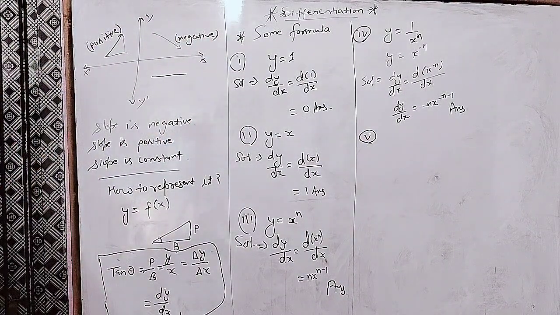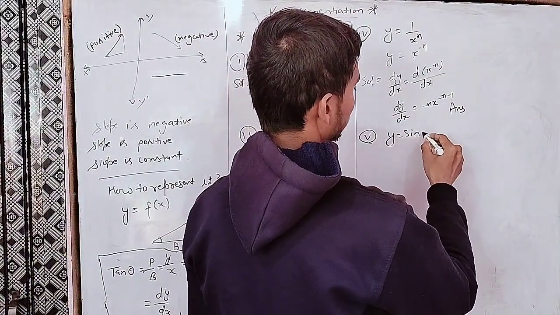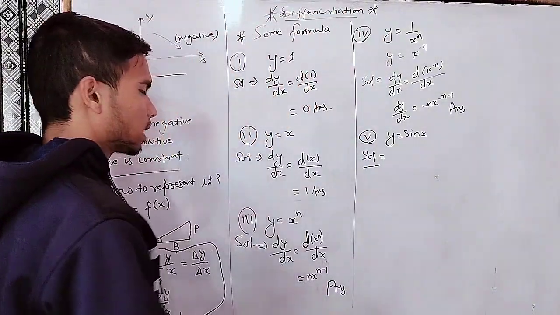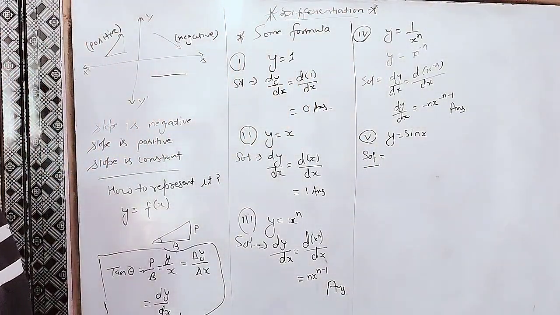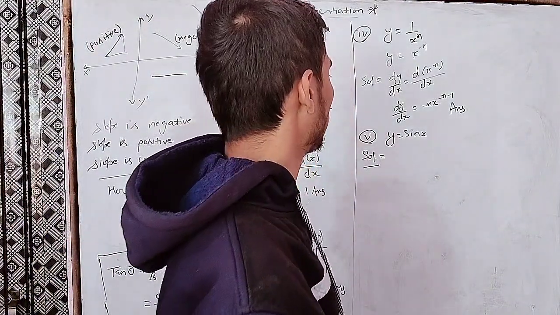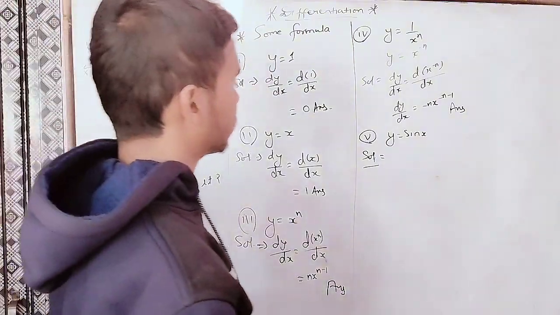Next. You have now y is equal to sin x. It is also simple, but we are taking a different one. We are not taking a similar question because it is for beginners, to start the differentiation.